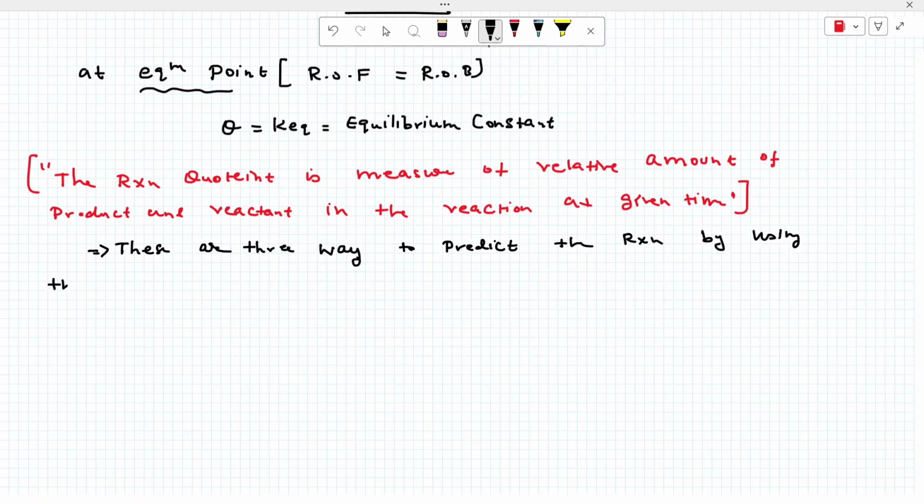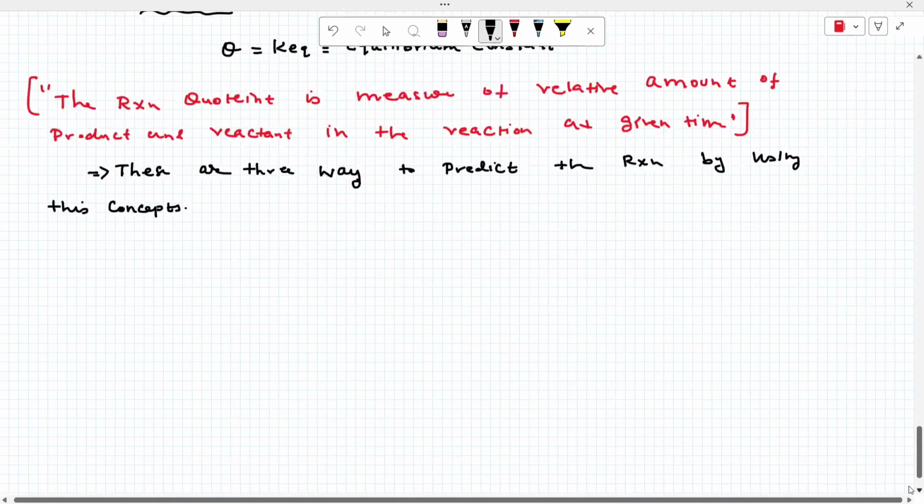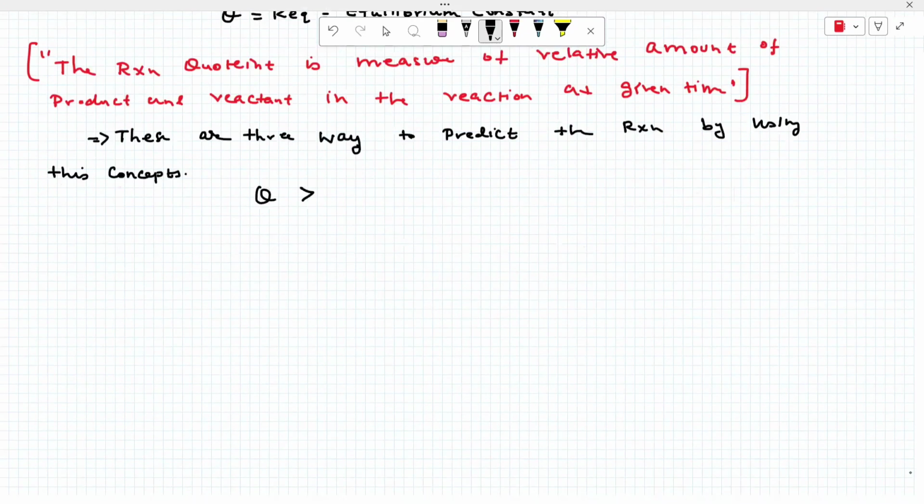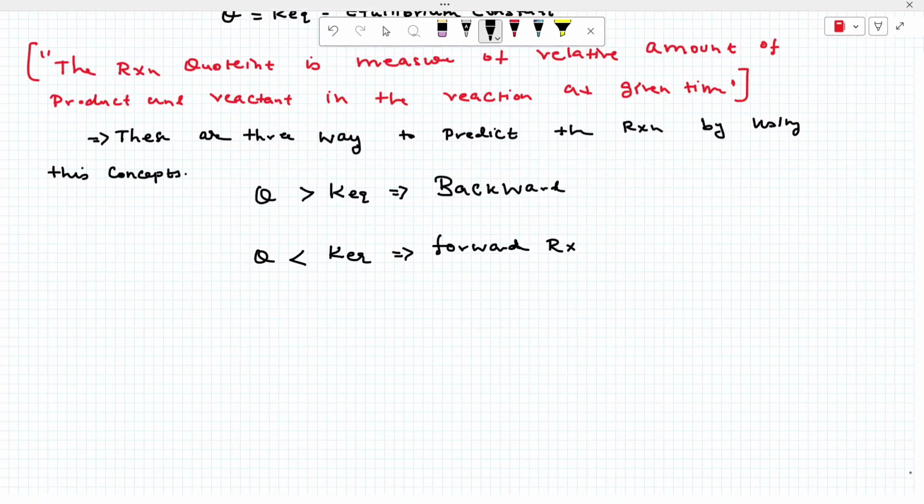When Q is greater than K equilibrium, the reaction is a backward reaction. Similarly, when Q is less than K equilibrium, it is a forward reaction. When Q equals K equilibrium, that is called equilibrium.